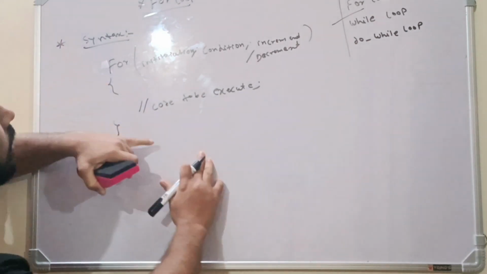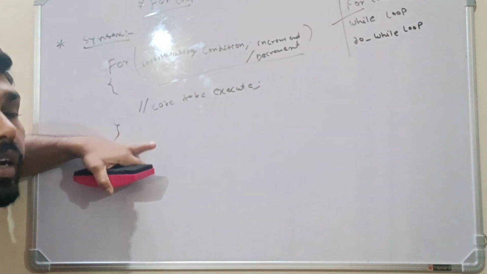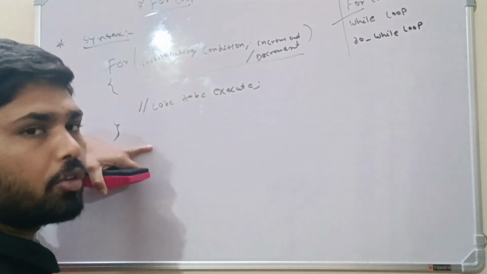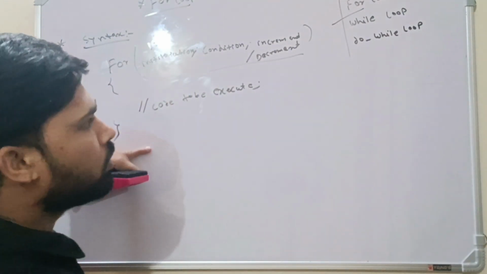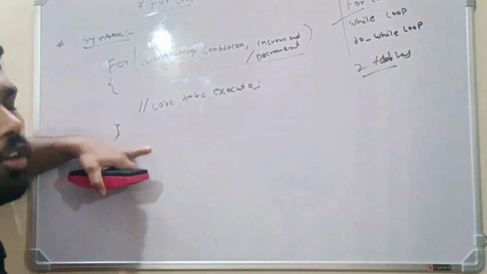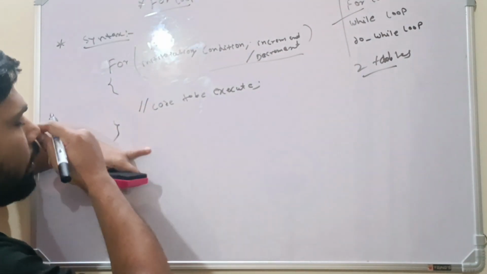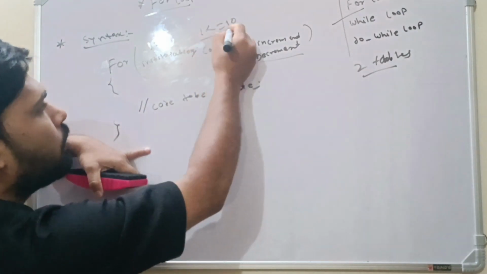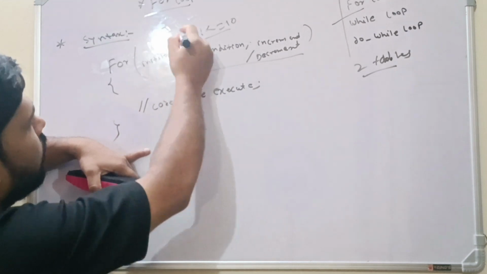Within these three parts we can decide how many times we want to print or iterate. Here first is initialization. If you want to initialize, i = 1. Suppose you want to print a table, easily you can print. I = 1 is given, initialization is done. Next, the condition: i <= 10. This is the condition we have to give, as we have to print up to 10, starting from 1.